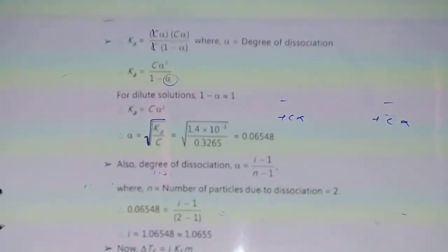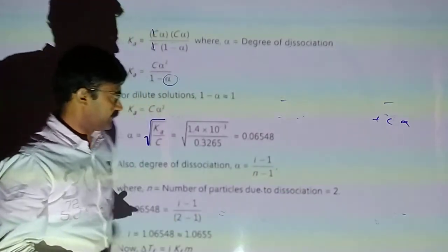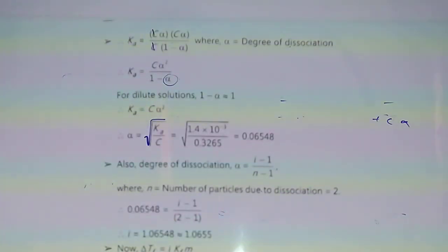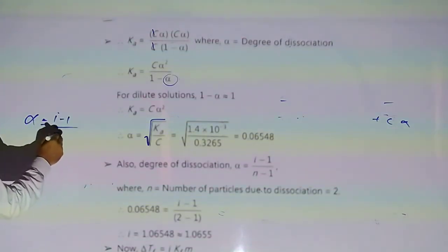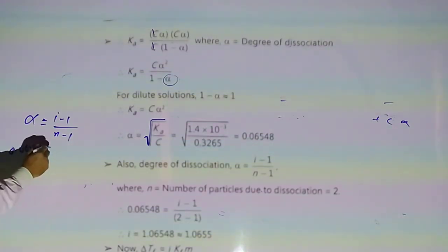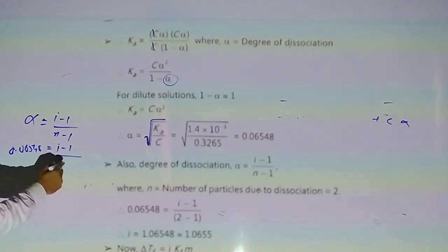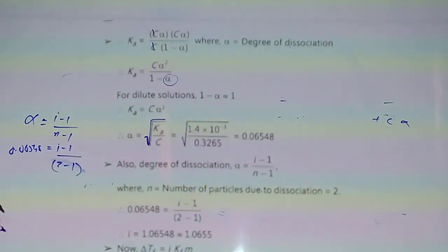Ka is given, 1.4 into 10 raised to minus 3. Concentration 0.3265. So alpha is 0.06548. The degree of dissociation alpha is i minus 1 upon n minus 1. Here alpha is 0.06548. n will be 2. Why? It gives 2 ions.